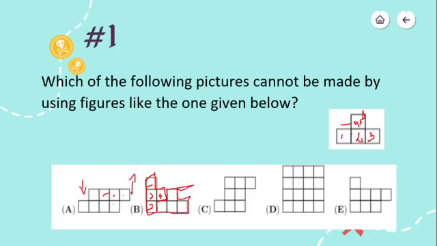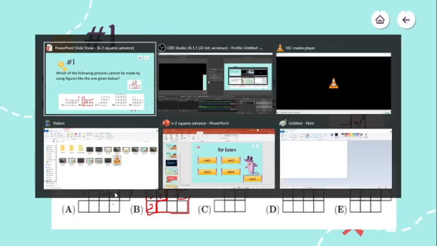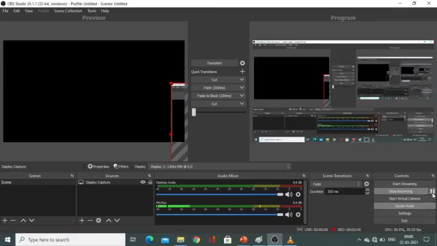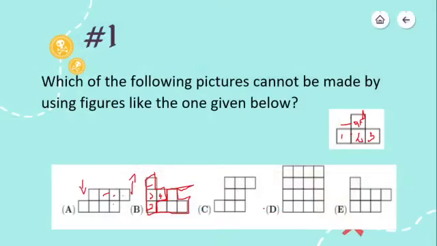So they also constructed this type of shape using this square. Okay, we now move on to the third one.